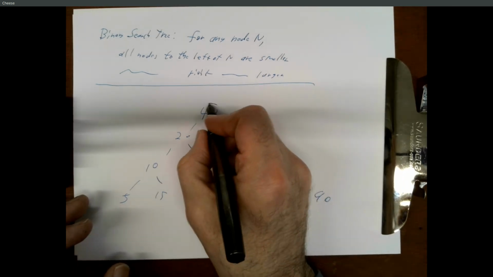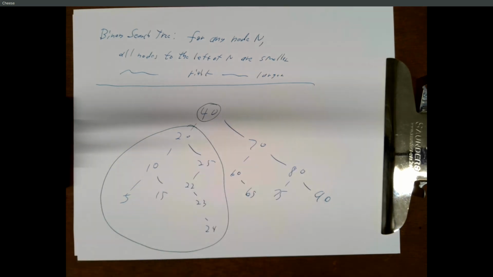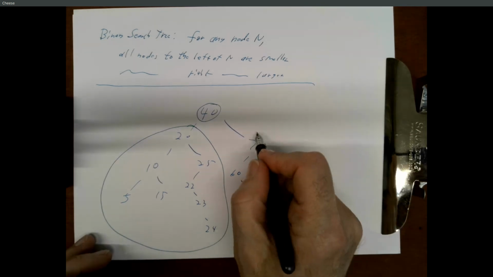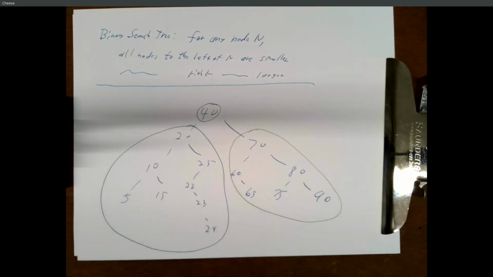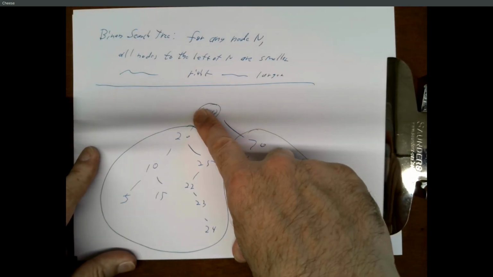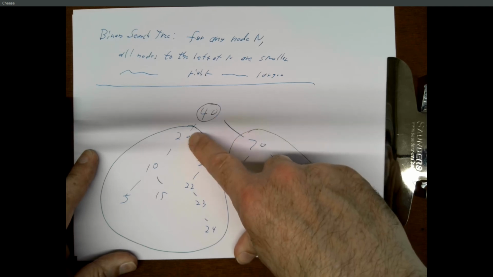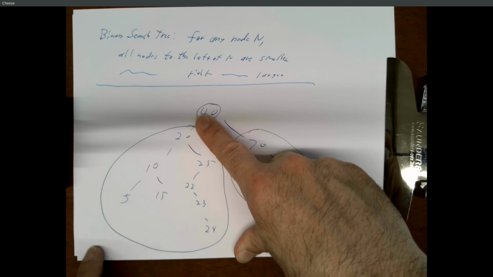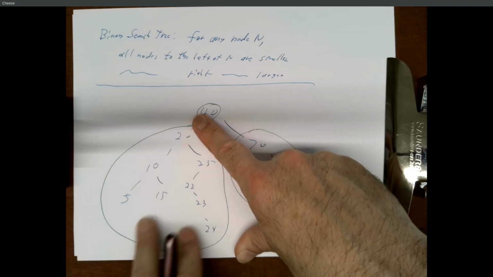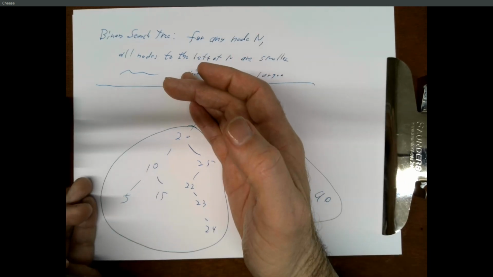I can pick a node like the root, and I can look at everything to the left. And I can look at everything to the right. Well, guess what? This thing that I circled in green, this is a binary search tree. It's got a root of 20, which has no parents. Every other node has exactly one parent. Every node has at most 2 children. And anywhere in this tree, if I pick a node, everything to the left is smaller, everything to the right is larger. That's a binary search tree.